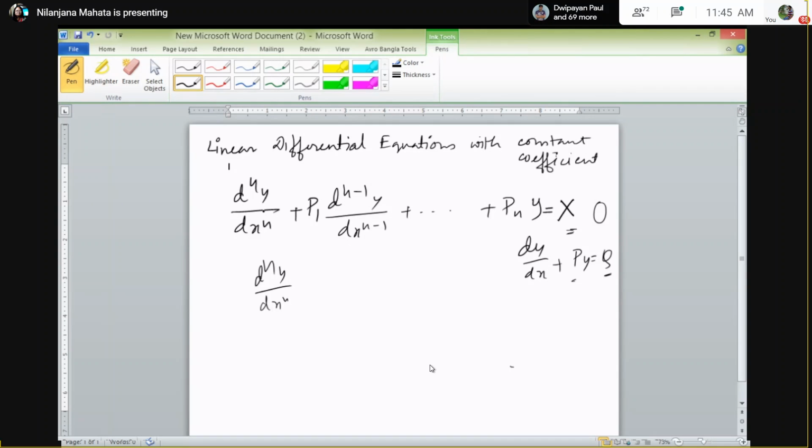We have to find the solution of the general nth order linear differential equation with constant coefficients. There are some rules, and some statements which we will use, the statement of the theorem, but we won't do the proof.